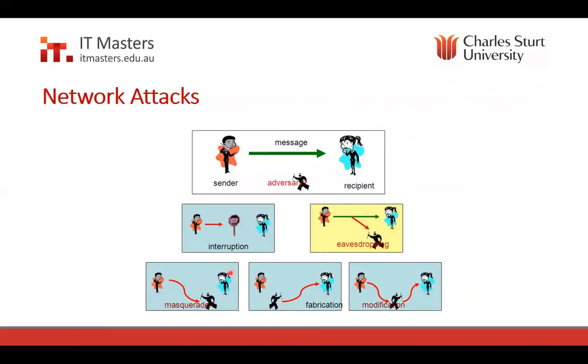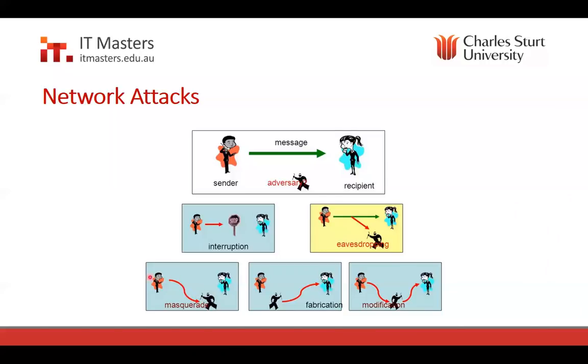In this case, the poor old recipient doesn't get anything, but do they necessarily know that they're missing out? No, they may not, because the connection may never have gotten as far as them in the first place. If there's an interruption to the connection, they may notice something. But if the adversary has successfully masqueraded as them before the communication begins, then they may not even know that they're missing it.